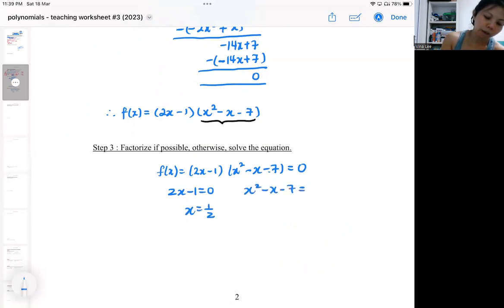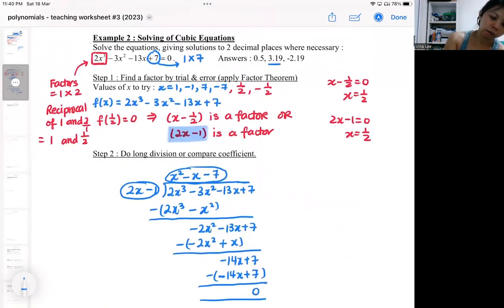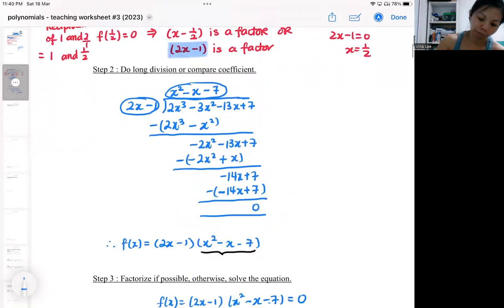The second bracket is a quadratic function. If you can't factorize it, that's fine, you perform your quadratic formula, and you should be able to end off with the 2 decimal place answer.